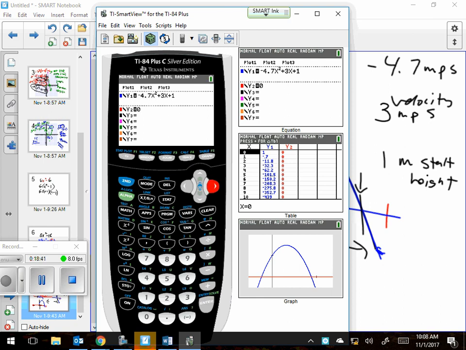And while we're on the way there, let's make the speed be a little different. 3 meters a second was pretty wimpy. Most kids can throw way harder than that. So let's make it like 8 meters per second. And then let's say that the starting height was 1.5.